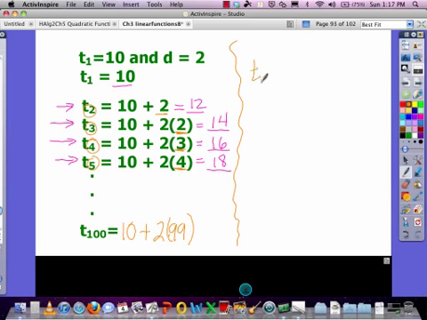T sub n, any term in my sequence, will be calculated by taking our first term plus, we said that pattern was n being your counter of your term, minus 1, times that constant difference in your problem.